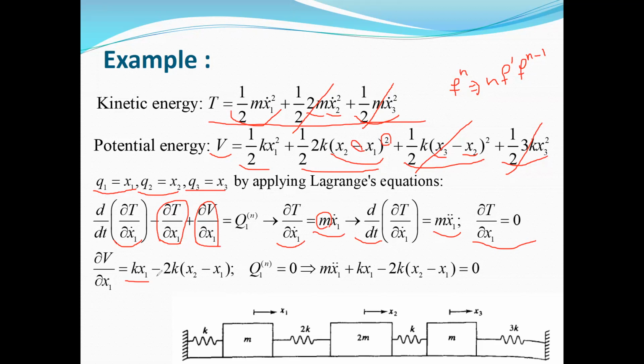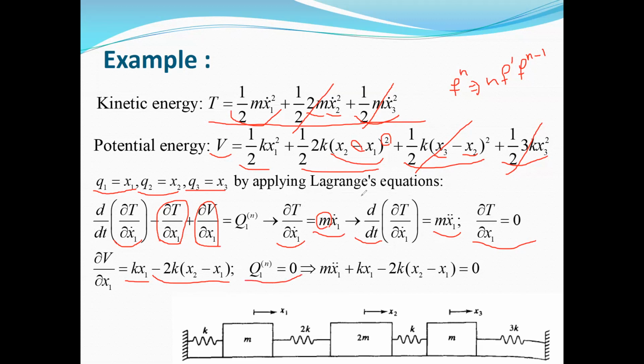So if you simplify this, you can extract the partial of V with respect to x1, and Q1 is 0 because there is no external force, there is no damper. So this is a conservative system, and Q1, Q2, and Q3, all of them will be 0.